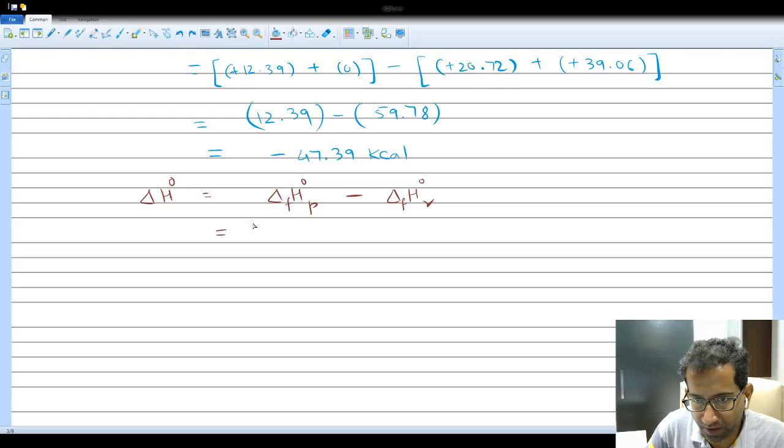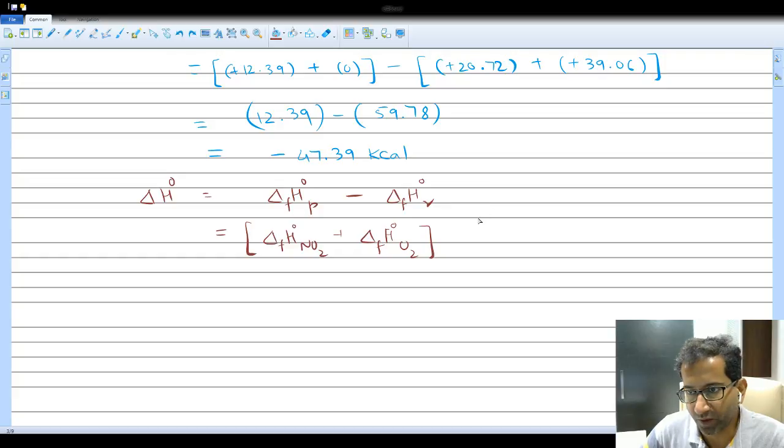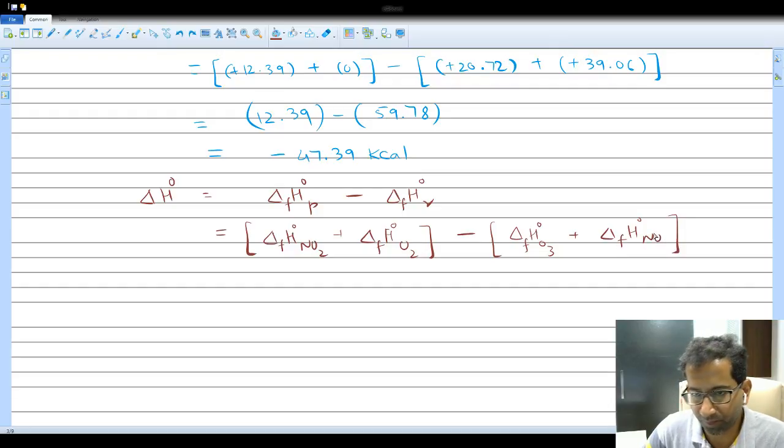That is delta H0F of NO2 plus delta H0F of O2 minus delta H0F of O3 plus delta H0F of NO. Now we'll put the values.